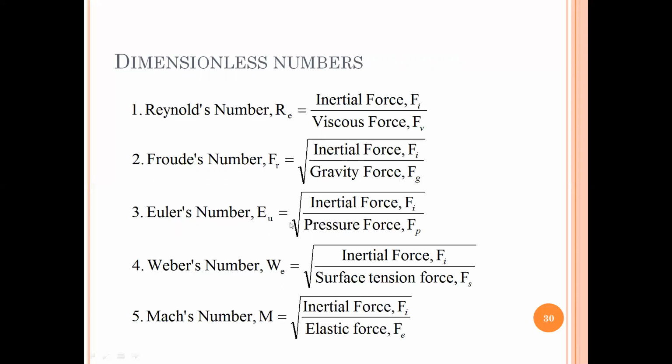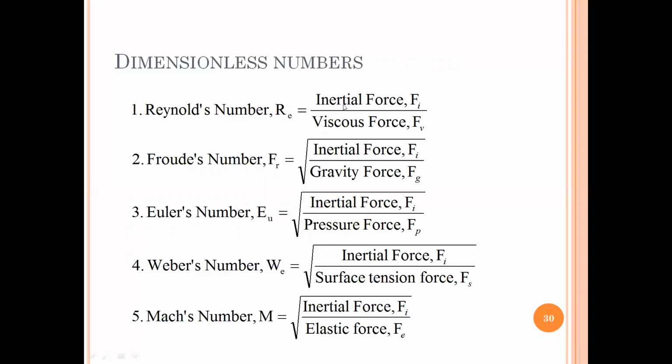It is the ratio of root of inertial force by pressure force. Next is Weber's number, which is root of inertial force by surface tension force. And the last one is Mach's number. It is a ratio of root of inertial force by elastic force.